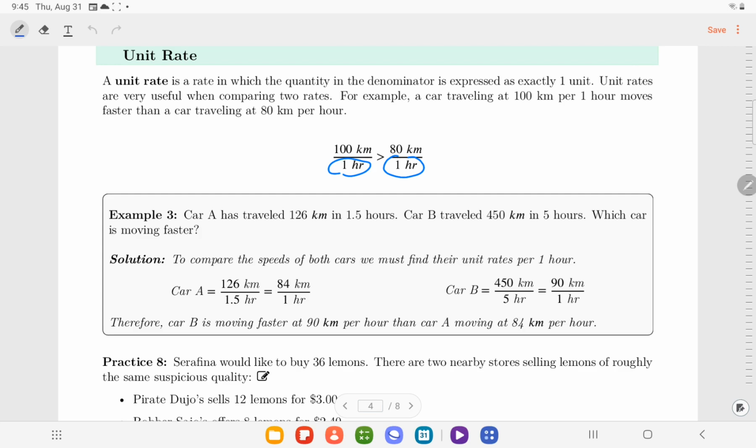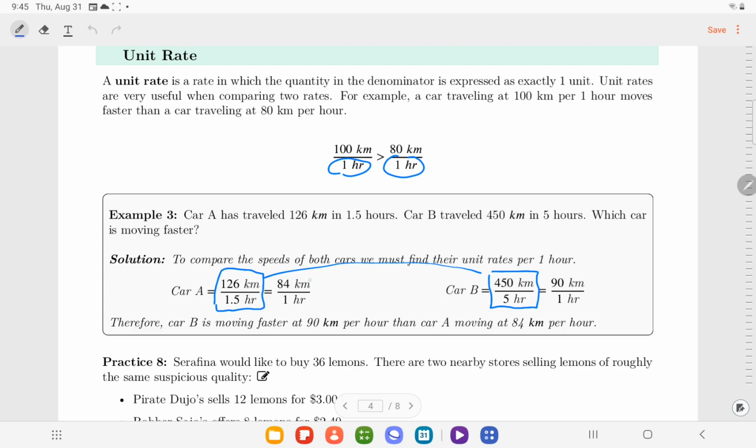For example, we have 2 cars traveling at different speeds. If car A travels at 126 kilometers per 1.5 hours and car B travels for 450 kilometers in 5 hours, it's hard to compare these two. However, if we divide them, so 126 kilometers divided by 1.5 hours, we get a unit rate.